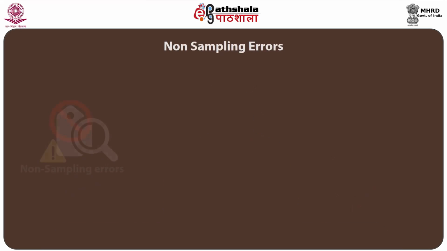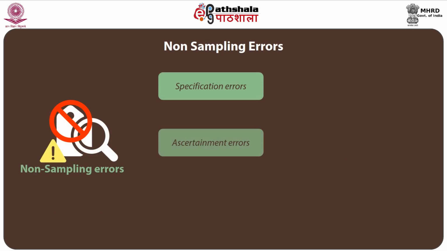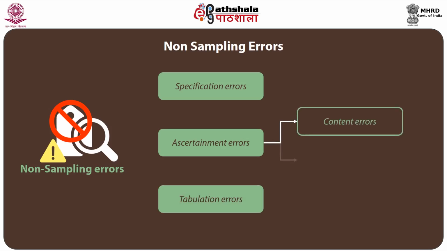Let us look at the non-sampling errors. The non-sampling errors are those errors which are due to factors other than sampling. Non-sampling errors are further classified into specific errors, ascertainment errors and tabulation errors, among which ascertainment errors are accompanied by coverage errors and content errors.